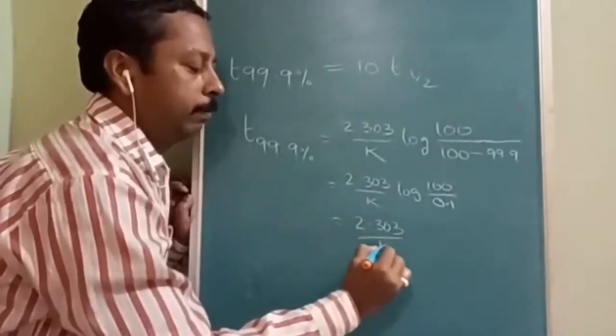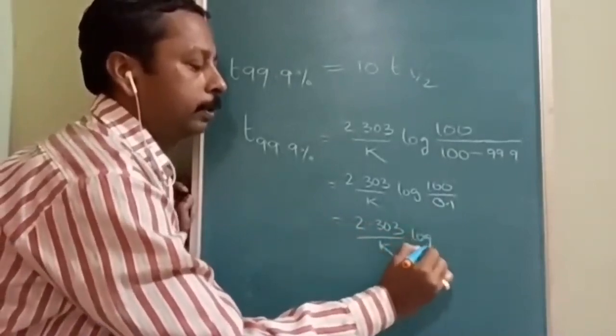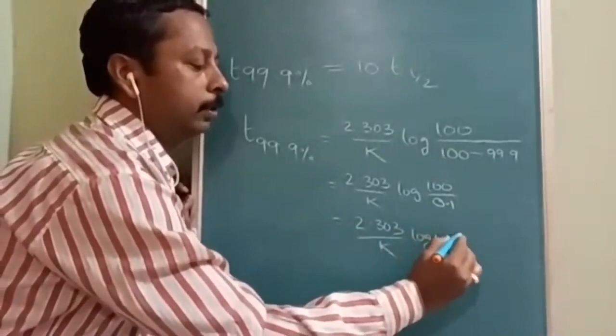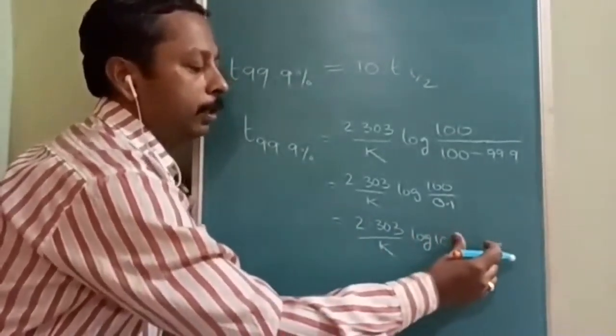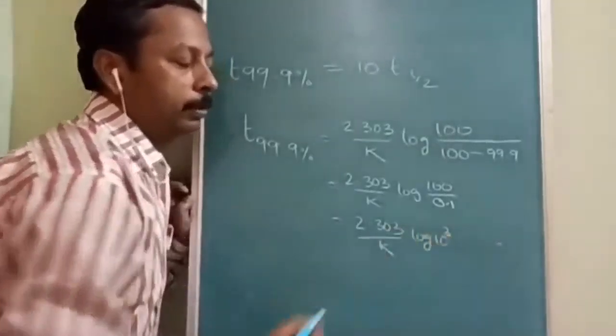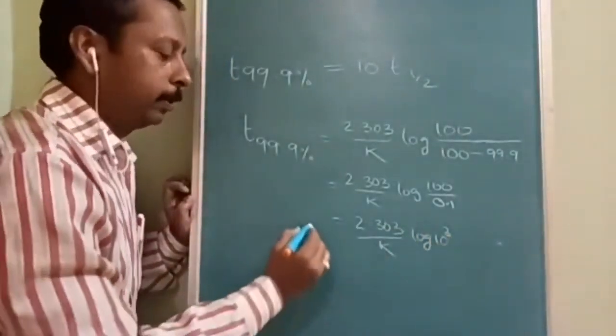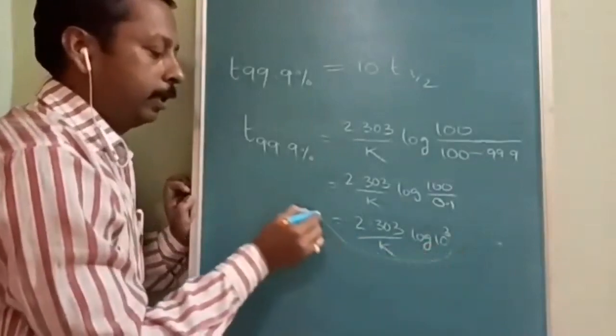So 2.303 divided by K into, this can be written as log 1000, and log 1000 is, everybody knows that, log 10 to the power of 3. Log 1000 can be written as log 10 to the power of 3. So the rest I am writing here.